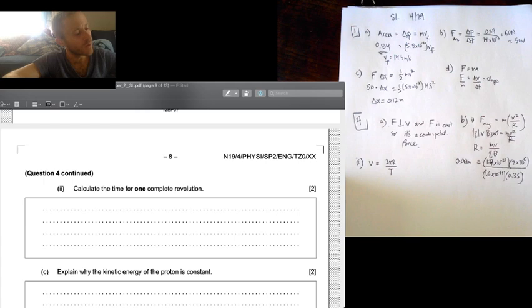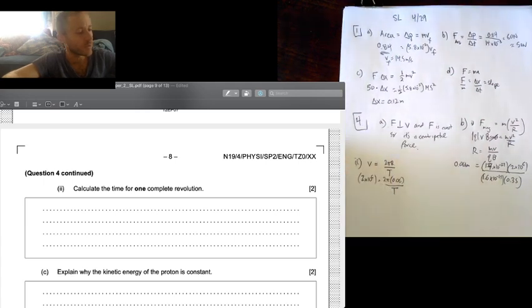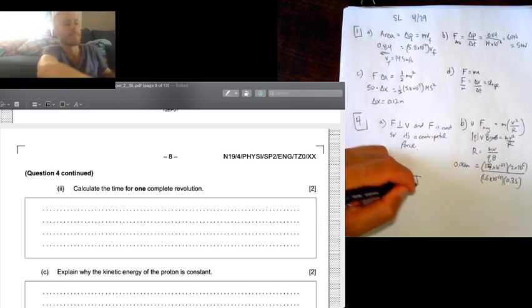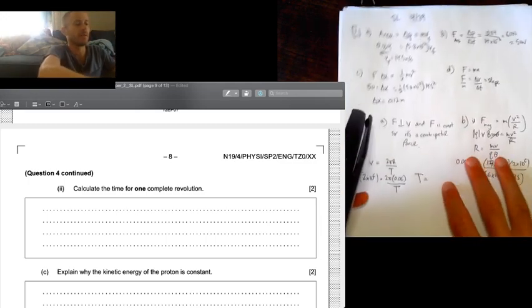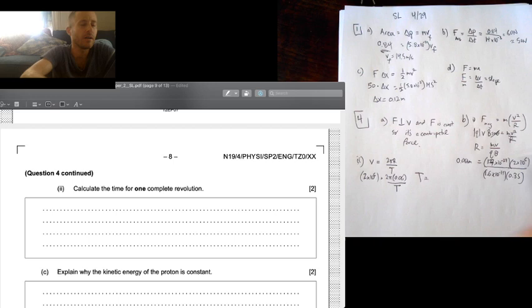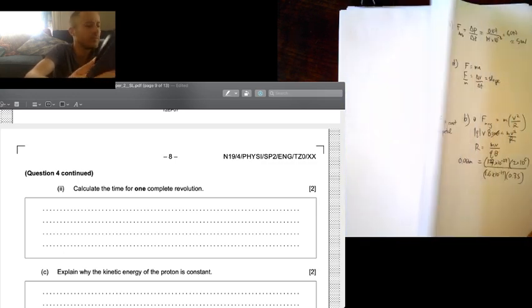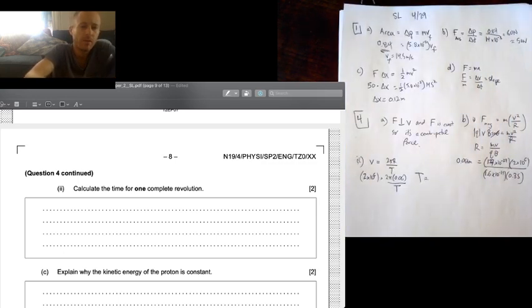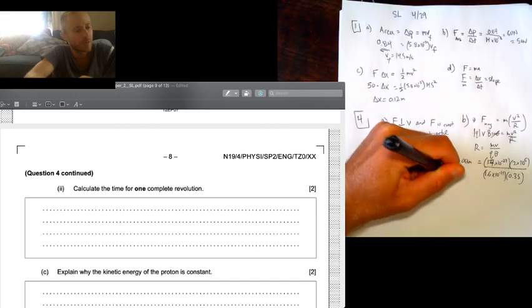We're told that the velocity was 2 times 10 to the 6th. Solve for the period. Seconds.